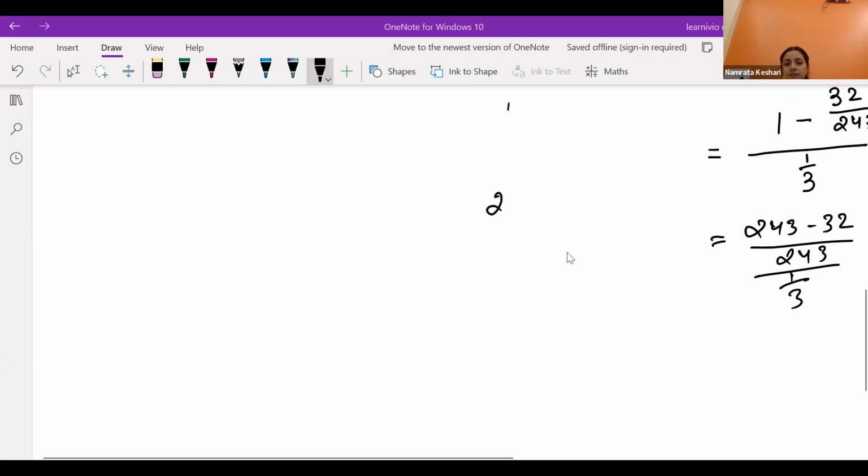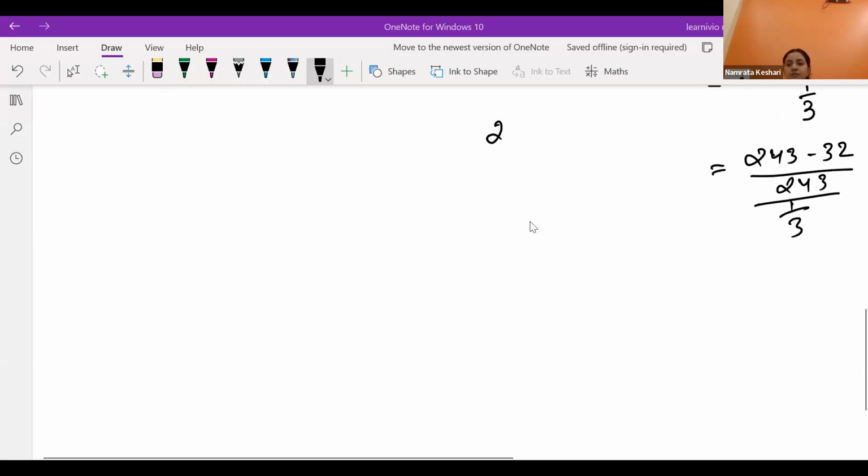Okay, let me check. 243 minus 32: 3 minus 2 is 1, 4 minus 3 is 1, so we'll have 211. Then into 3 will be there, by 243.